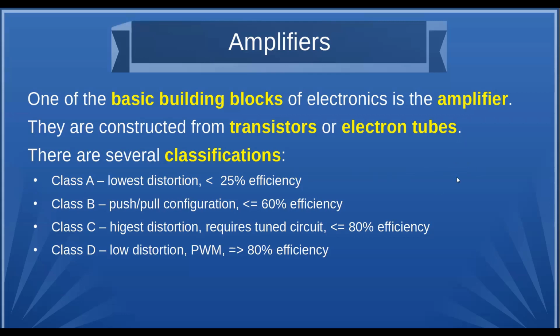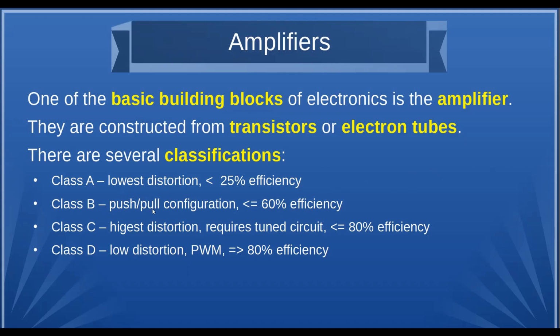A class A, which I talked about, where you would bias it in the midpoint, has the lowest efficiency, but it has the highest fidelity. In other words, it will almost 100% reproduce the input signal. But because of the low efficiency, it takes a lot more power and generates heat.